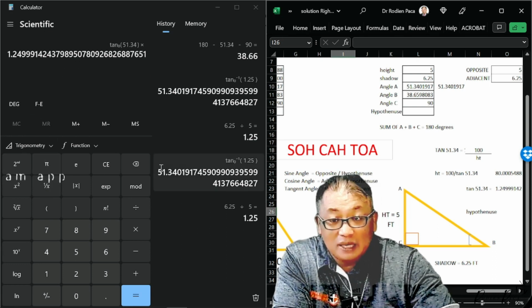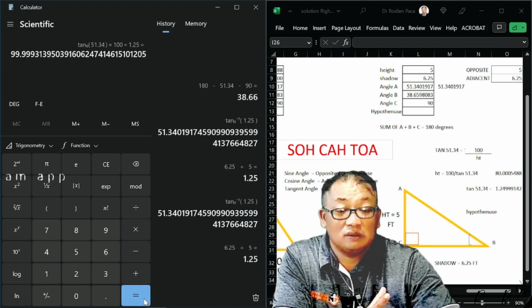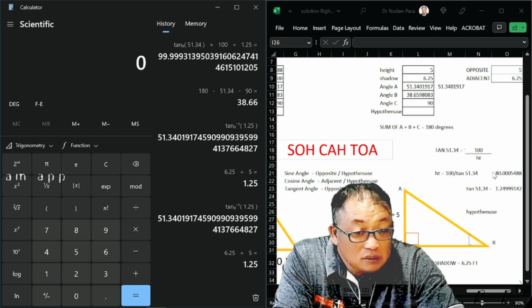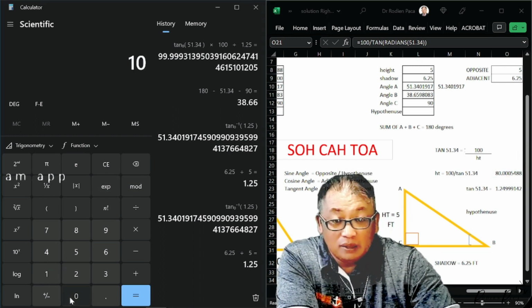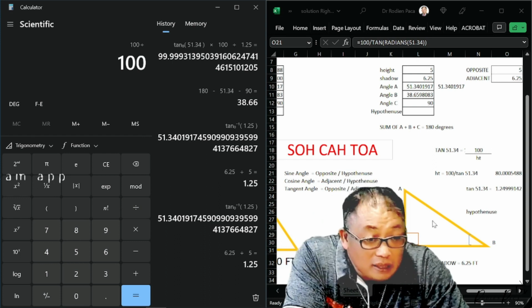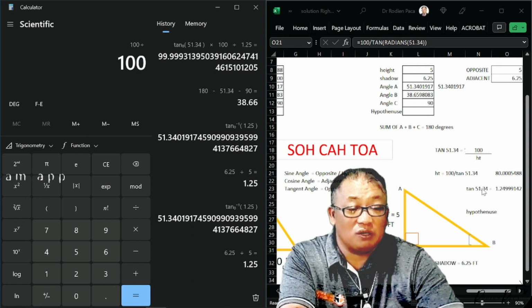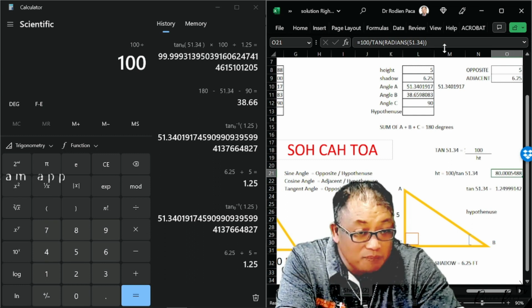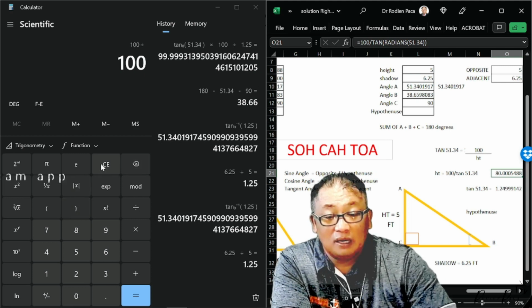So basically this is 100 divided by 1.25, which is tangent 51.34.